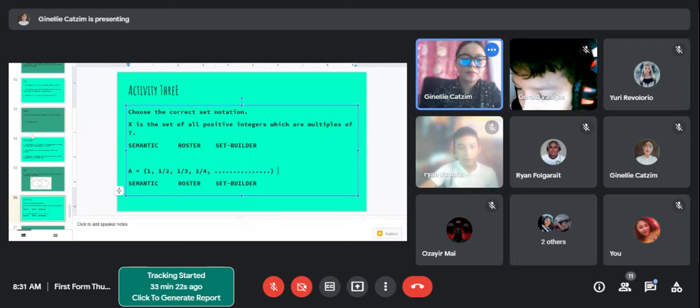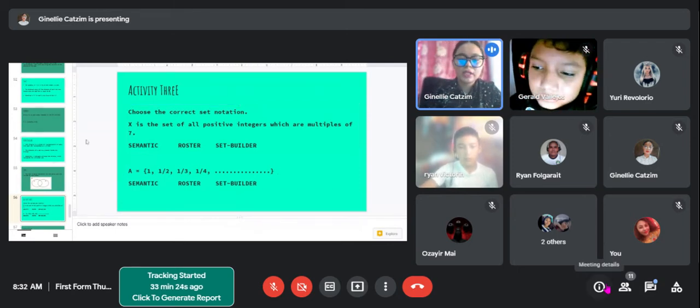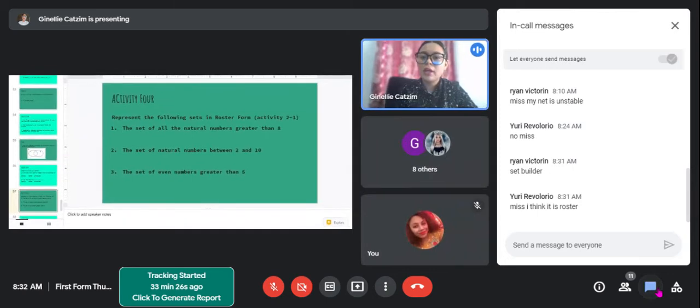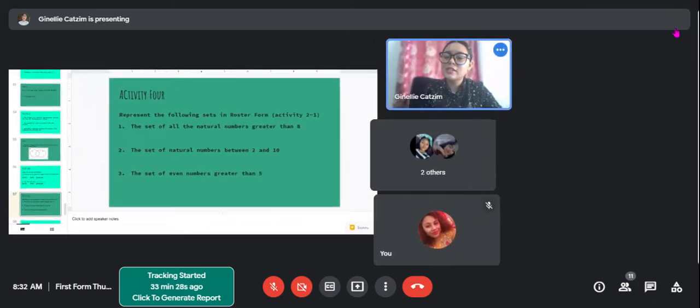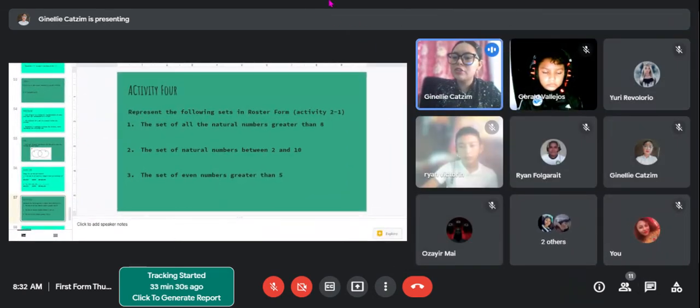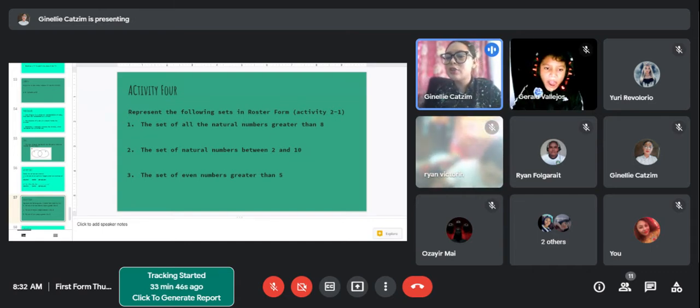So we go to the next slide, where we have activity 2 number 1 from your assignment 2. So please take note of this one. Represent the following sets in roster form. The set of all natural numbers greater than 8.